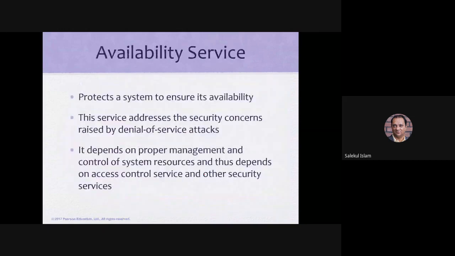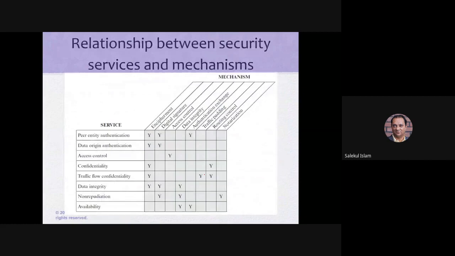Okay. Before that, let me explain this table. This is from the book. What is the relationship between security services and security mechanisms? Here they have given a list of security services. For example, confidentiality, which I have mentioned as an example.